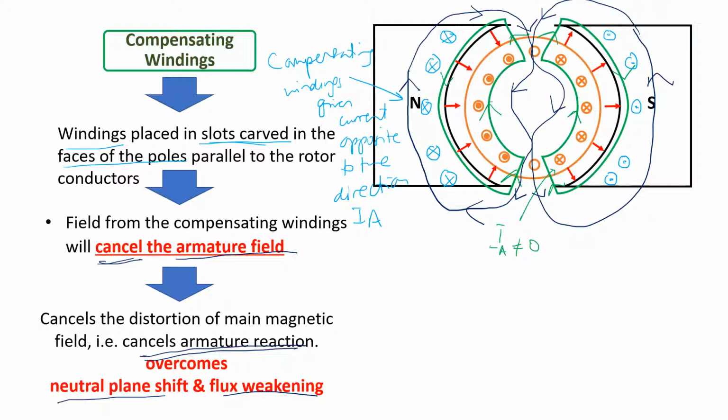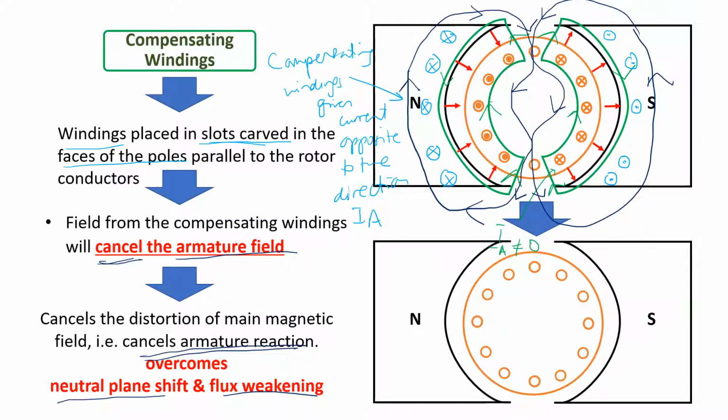So what we are left with after the cancellation of the armature magnetic field is a nice DC machine with only the main magnetic field in effect, and the neutral plane is back to its original position in the vertical line, and there's no more flux weakening because all the armature magnetic field has been cancelled by the compensating winding magnetic fields.